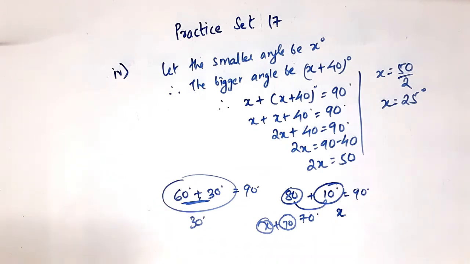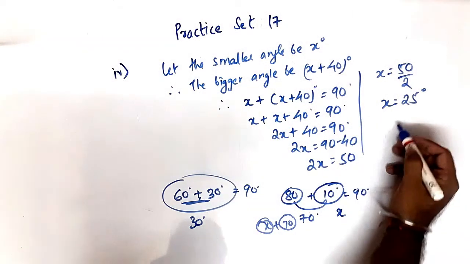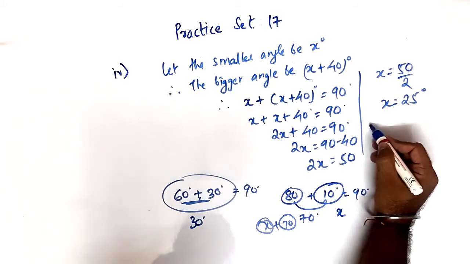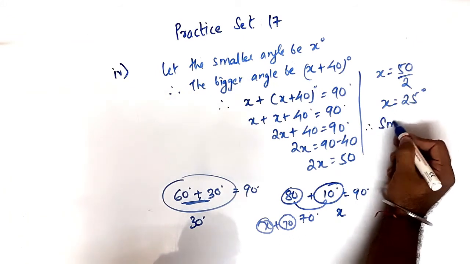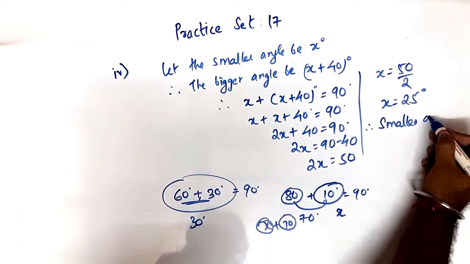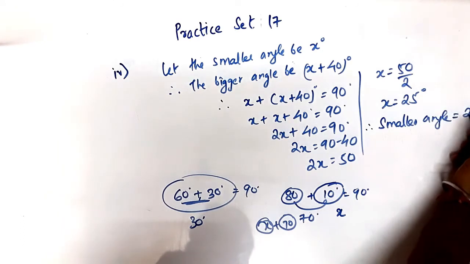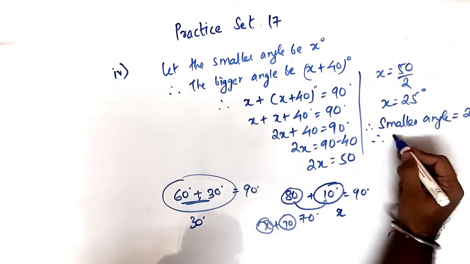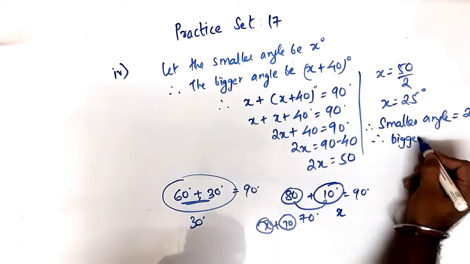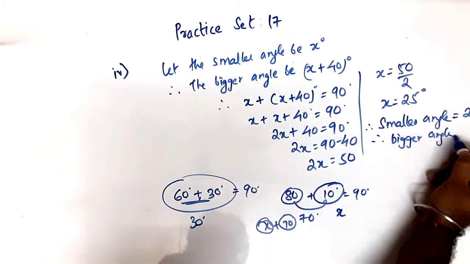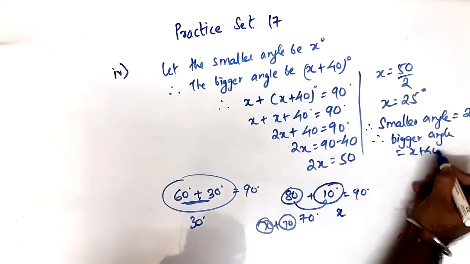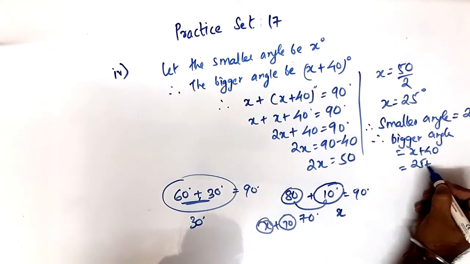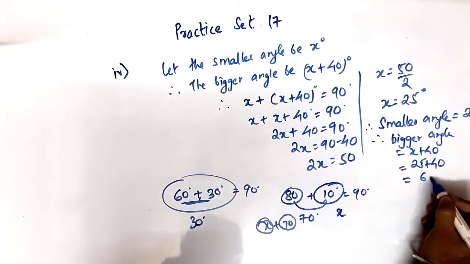Now because x is equal to 25 degrees, this is one of the angles, therefore the smaller angle is equal to 25 degrees. And what is the bigger angle? It is x plus 40, so it is 25 plus 40. How much is 25 plus 40?